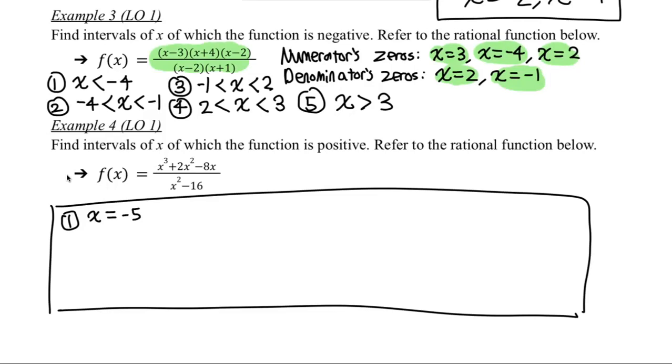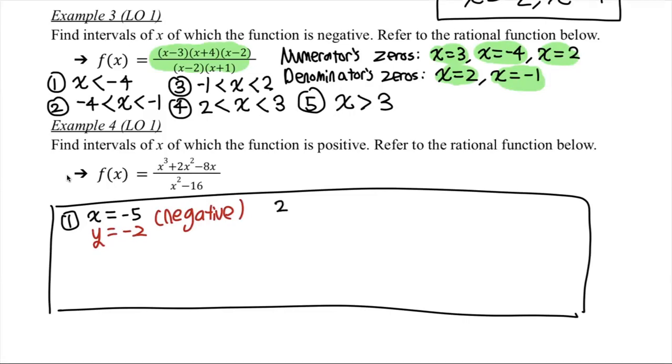If we plug in -5, we get -2, so it is a negative value. By plugging in the test point x equals -5, we can conclude that the first interval is negative.